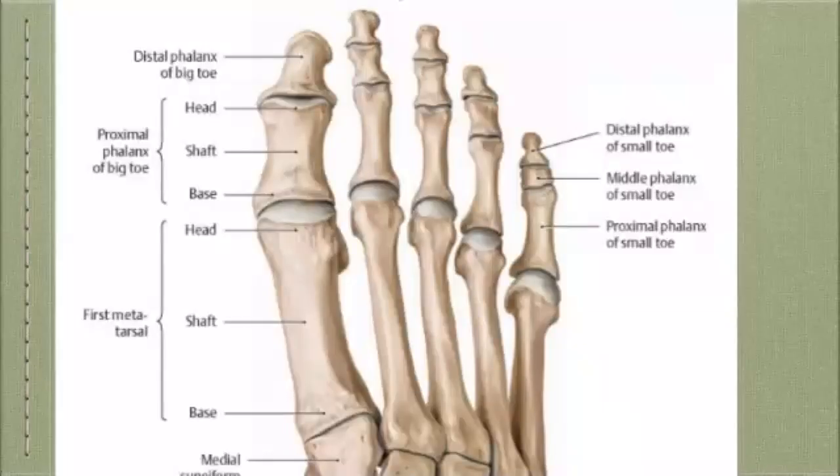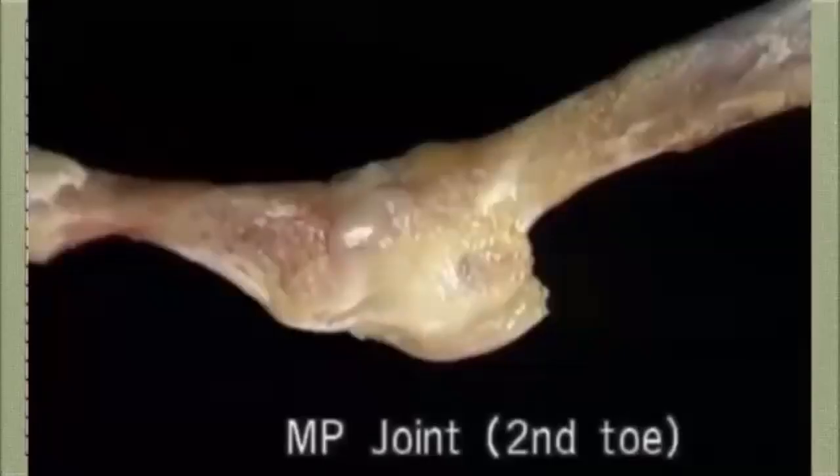You see, these are the tubercles. That means the collateral ligaments run from the tubercle to the phalanx base. This is the collateral ligament. This is the MP joint within the capsule.